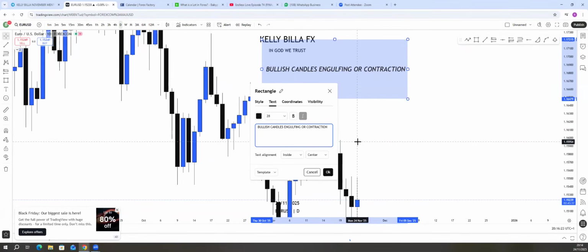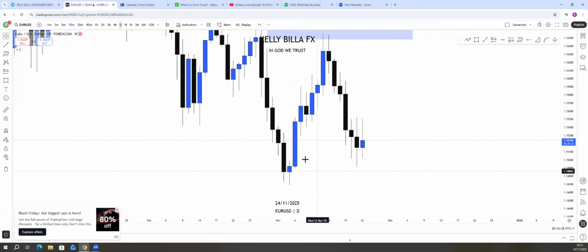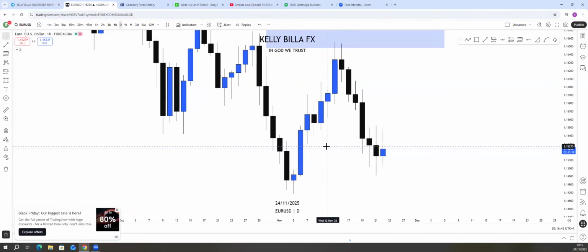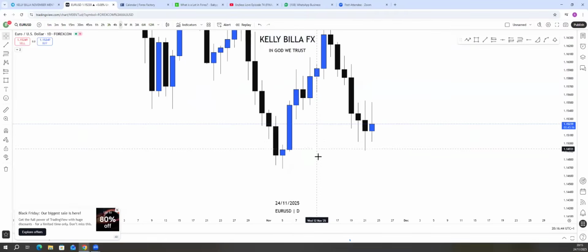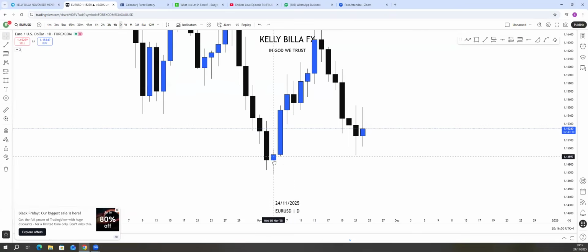Okay, an engulfing candlestick or contracting. Now, why do I simplify it into these two? Because if you look at your chart here, look only at candlesticks with color blue. You realize that either it is engulfing, which means it is really bullish and really strong, or contracting, which means it looks really small with a small body.